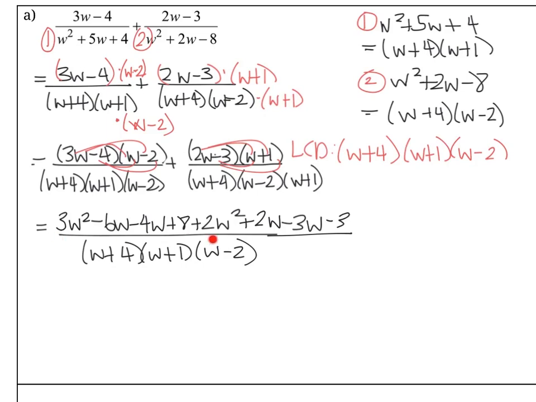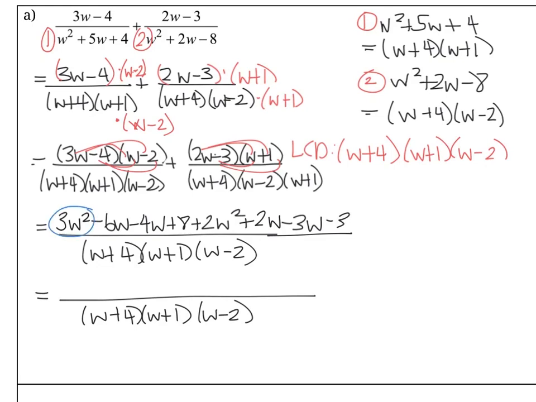So now we've got a bunch of like terms in the numerator that we can collect. So we've got a big numerator. In the denominator, we have w plus 4, w plus 1, and w minus 2. So taking a look in the numerator, we have 3w squared plus 2w squared, and that's going to make 5w squared.